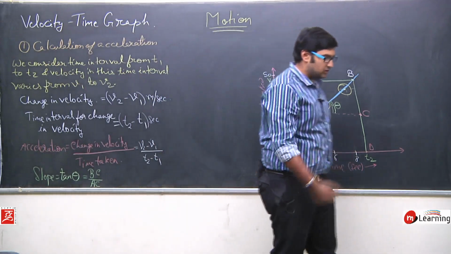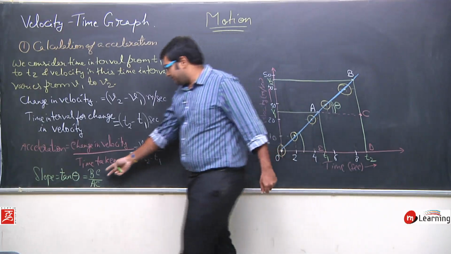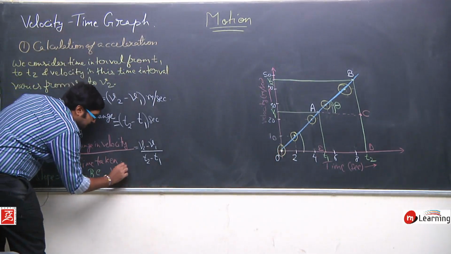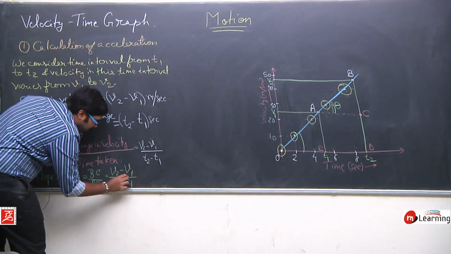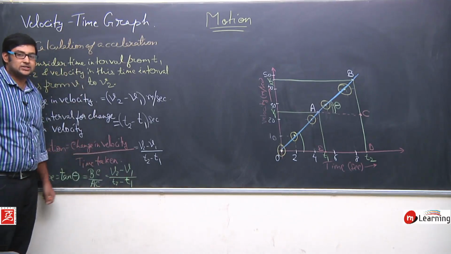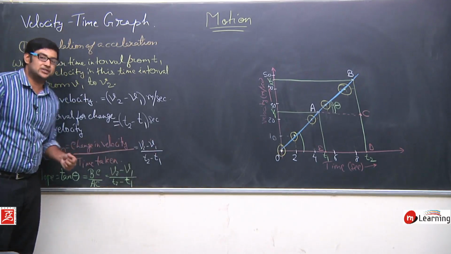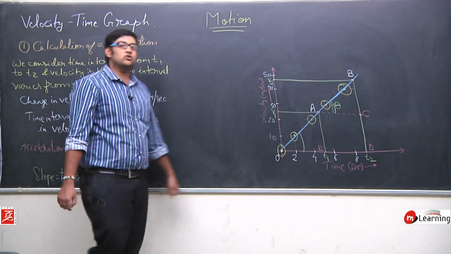You will study trigonometric ratios in mathematics. So here, what is BC upon AC? BC is basically V2 minus V1, and AC is T2 minus T1. So from these two, compare the two conditions. You can see acceleration is V2 minus V1 upon T2 minus T1, while the slope tan theta is also V2 minus V1 upon T2 minus T1.